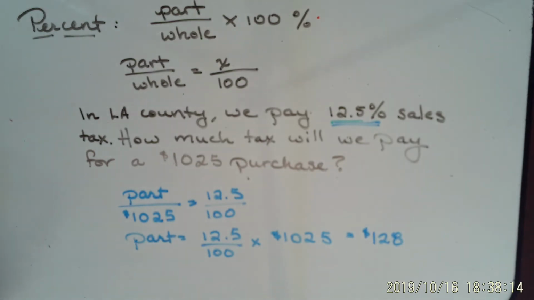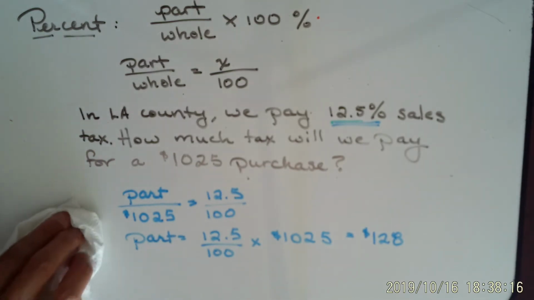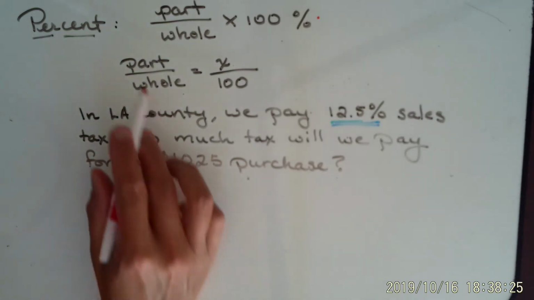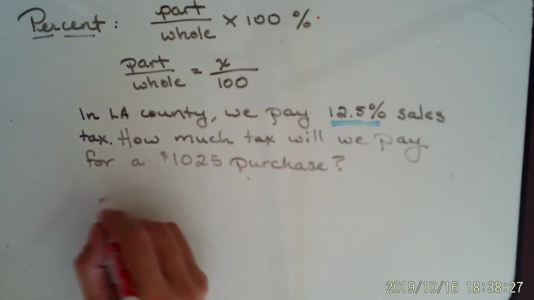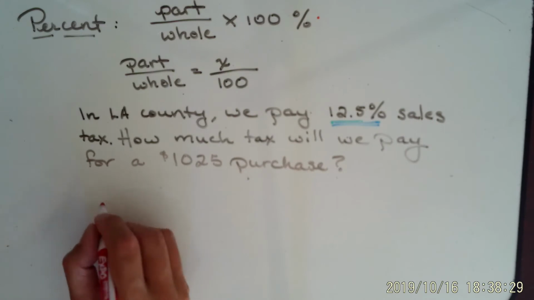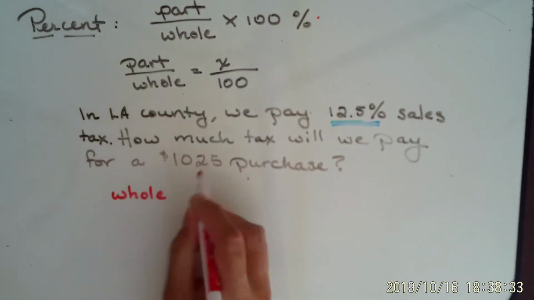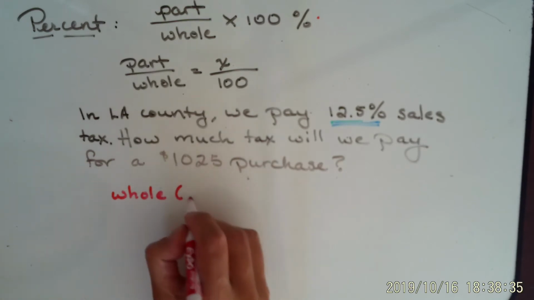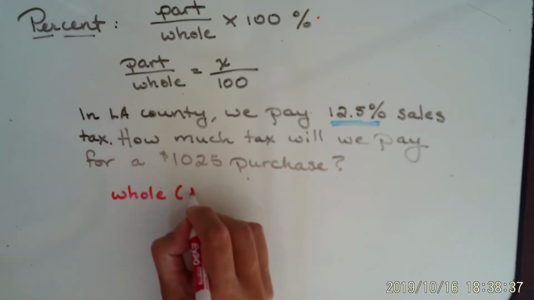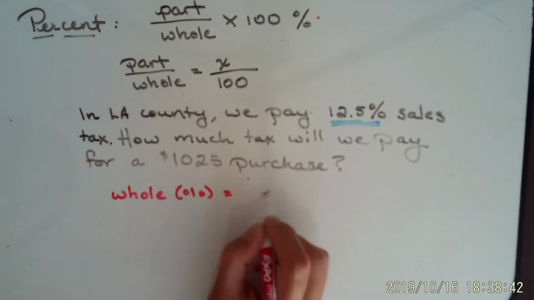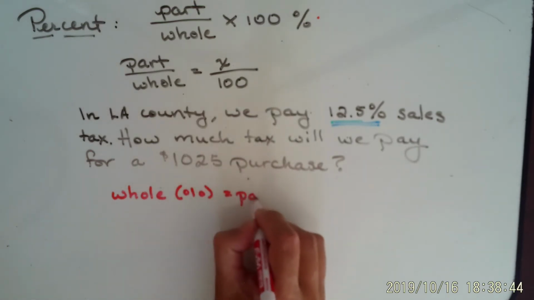Is there another way? And I think there is. Actually, I know there is. And that is, we'll just convert. If we're looking for part over whole, then we'll just convert the percent to a fraction. We just say the whole times the fraction, the percent, is going to be equal to our part.